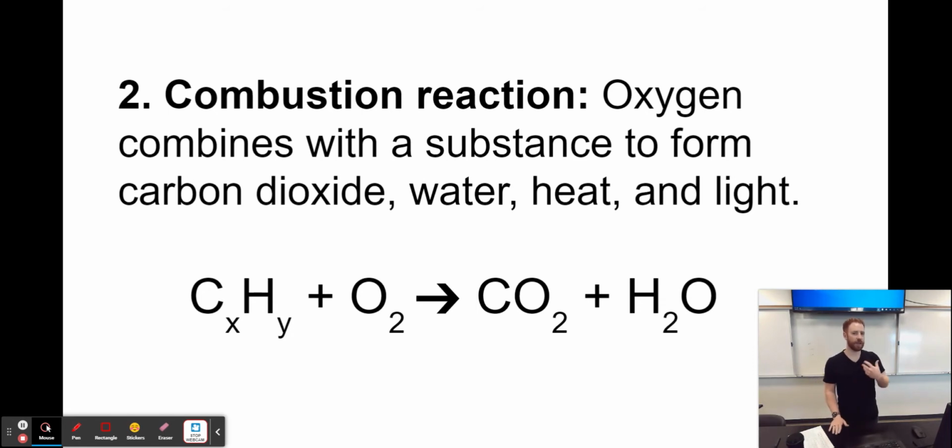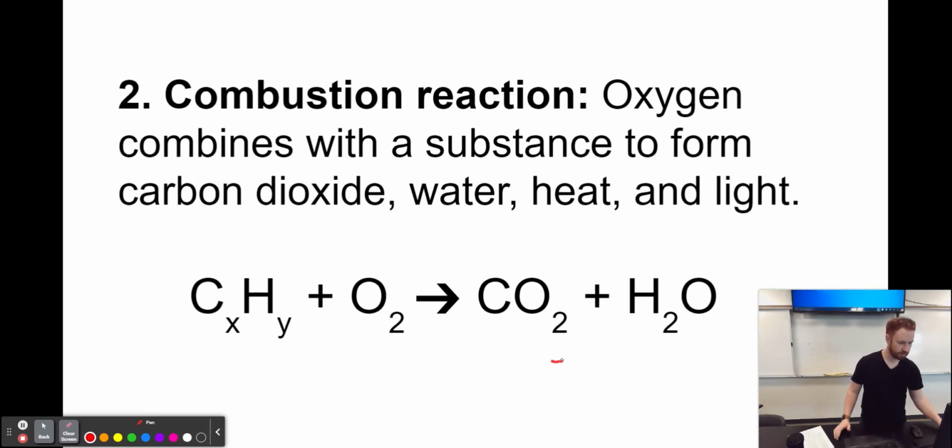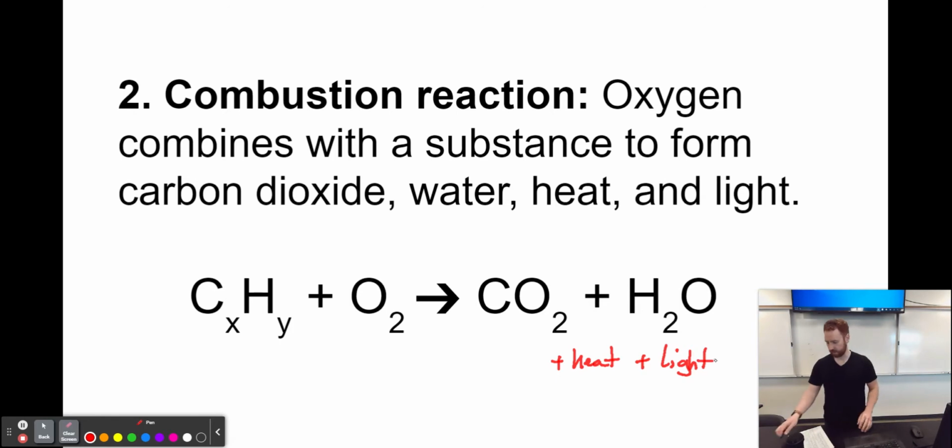Oftentimes you don't write energies as part of the chemical equation because they're not matter, but we could go over here and add plus heat plus light, because those are very, very commonly also things that are produced from this reaction, even though they're not products because they don't have mass. That's part of the process.